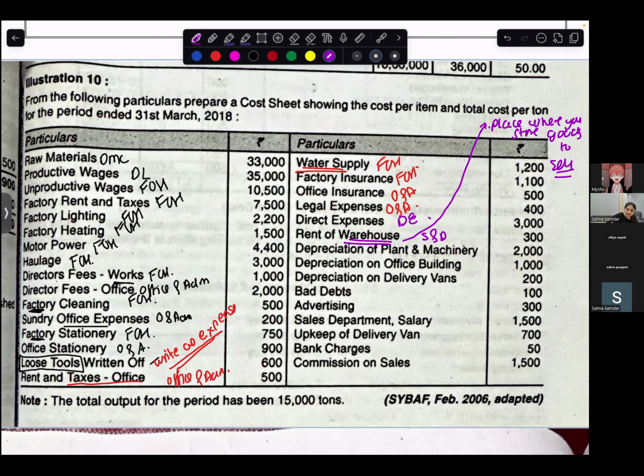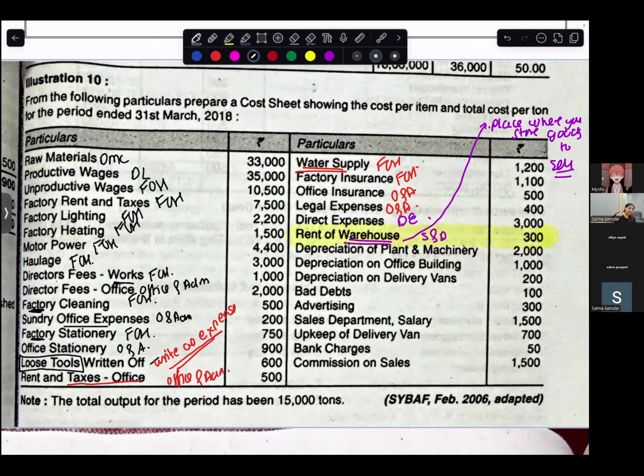This was also in my highlighted point. I don't know why Ms. Zubia didn't write. Warehouse is the place where you store the goods you produced to sell. Whenever you are selling anything, you get the goods from your warehouse to your showroom. So it's a selling and distribution overhead.